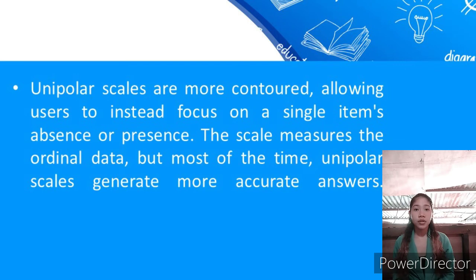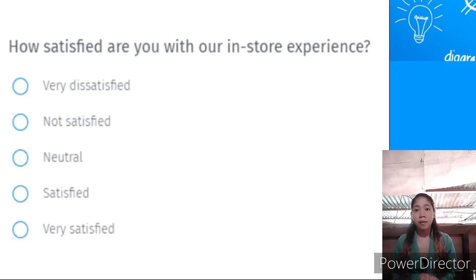An example of a unipolar satisfaction scale is not at all satisfied, slightly satisfied, moderately satisfied, very satisfied, and completely satisfied. So a unipolar Likert scale question indicates a respondent to think of the presence or the absence of the quality. The arrangement of the answer options is in a 5-point scale.